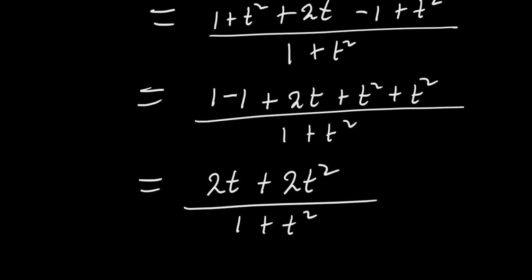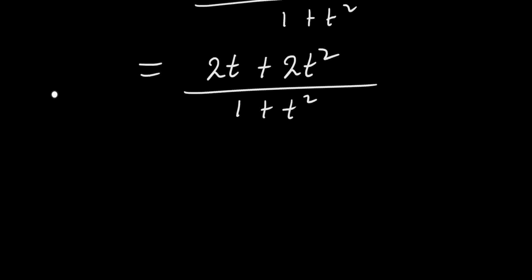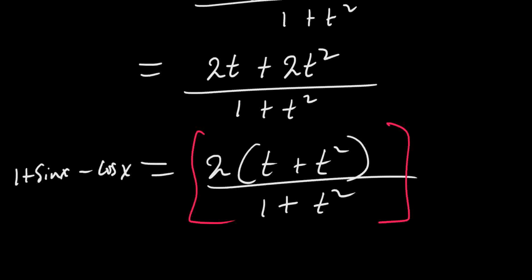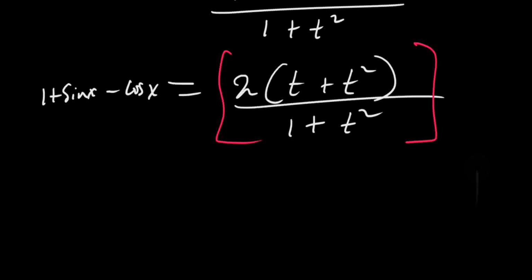So we can factor 2 from the numerator, and this will be equal to 2 times t plus t squared over 1 plus t squared. So 1 plus sine x minus cos x is equal to what we now have on the screen. So we can now take the integral.